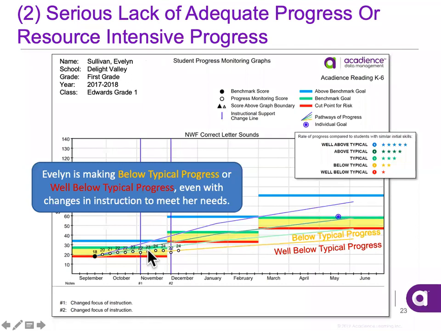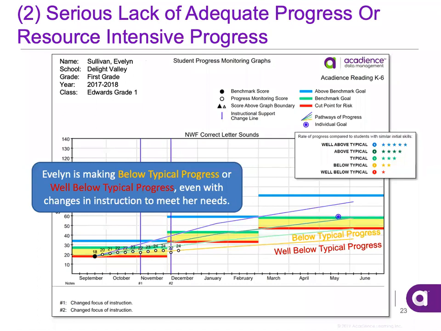A change was made and they continued to monitor her performance over time, and she was still tracking in this pathway that represented below typical progress. She needed to make above typical progress to meet the goal that the teacher set. So there was a second change to instruction made in late November. Now we are going to be monitoring with this different instruction to see if we have finally found what it takes to enable her learning.